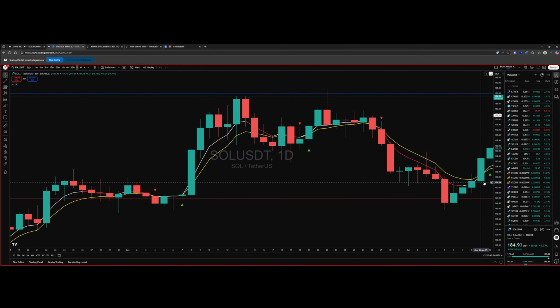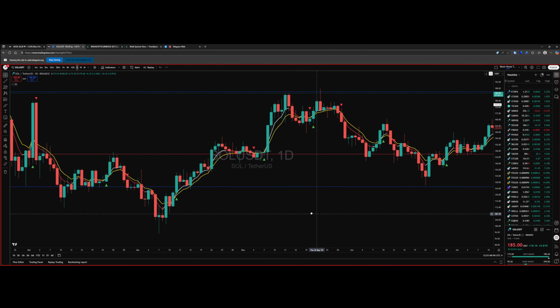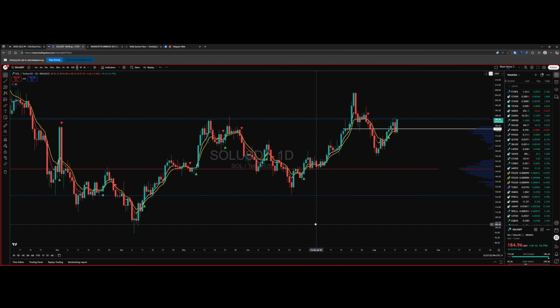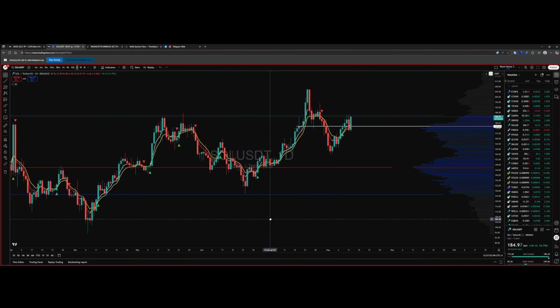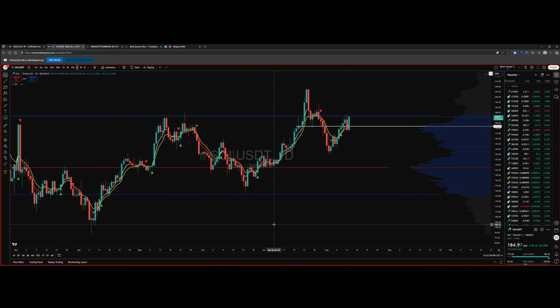We're showing you here, obviously that's a real nice early entry, and it comes from where? The point of control. Let's back this up. When you get moves that come off of areas that have provided support and resistance in the past, it's usually a good thing.